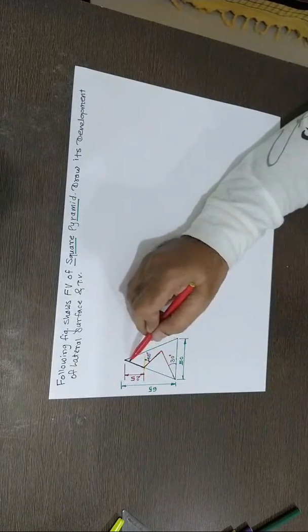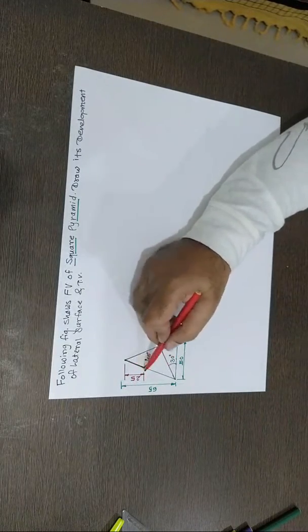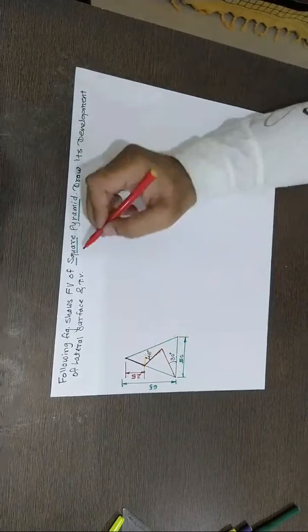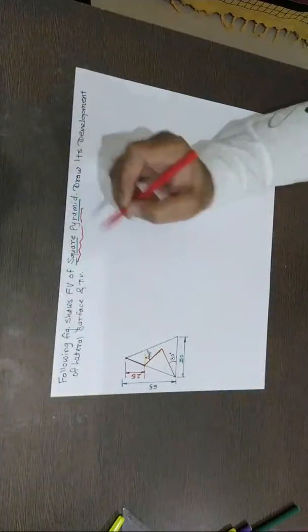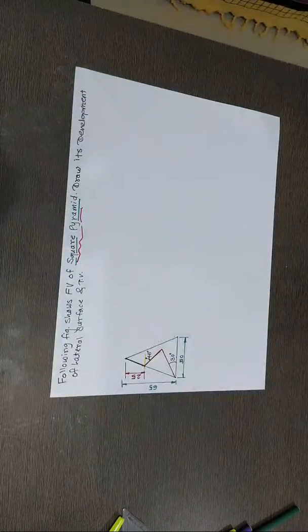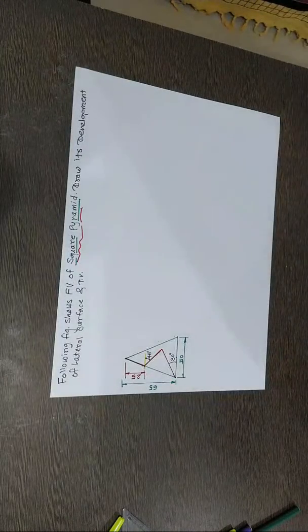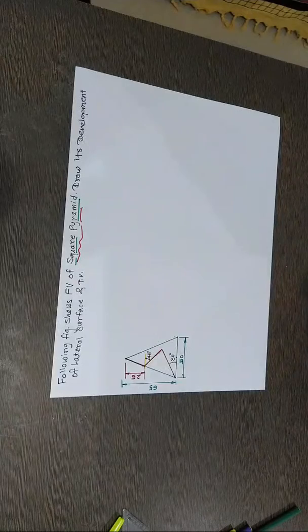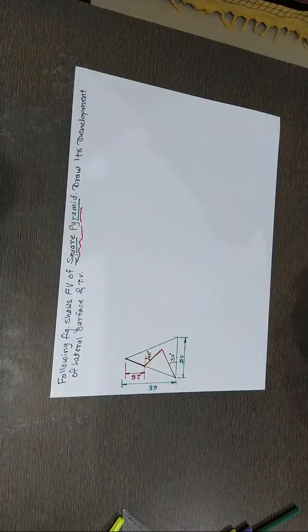If I draw the axis here, the vertical distance of this is 25, total height is 65, and it's a square pyramid with front view. This base distance is 50, but that doesn't mean the side of the pyramid base is 50 mm. So let's check how to draw a square pyramid.